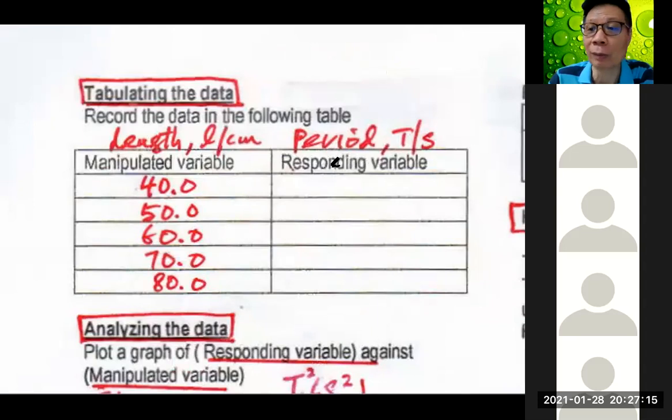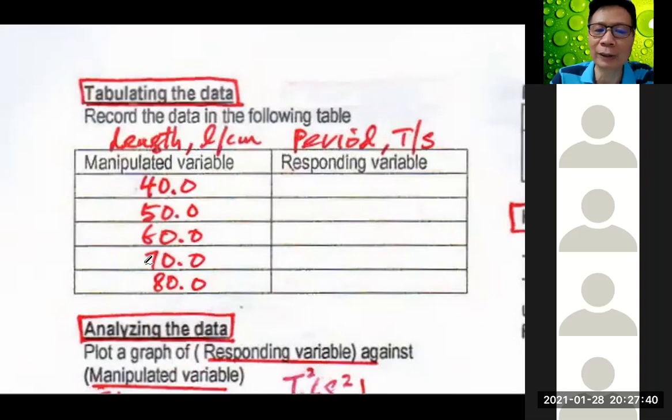You must write it correctly, cannot be wrong. So here must be the length. You must write the length, the symbol L, and slash the unit. Same thing here, period, symbol T, and the unit is second. And then you write here 40 cm, 50 cm, 60 cm, 70, 80, like that.